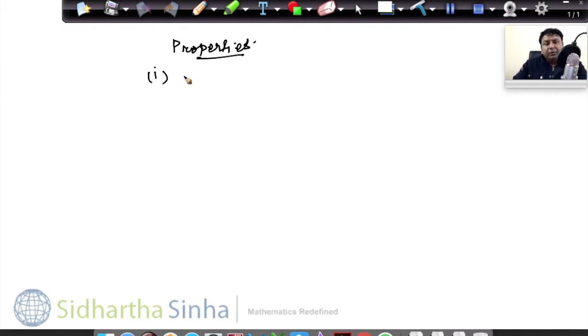So properties associated to relation, we have symmetric, so basically what we are studying today, we need to discuss the properties of relations. So we have some properties. One is called reflexive property.